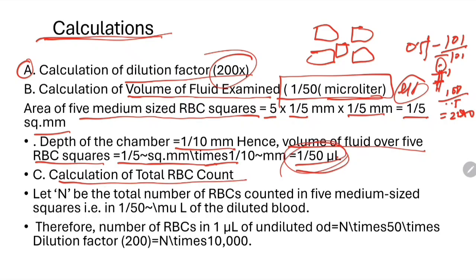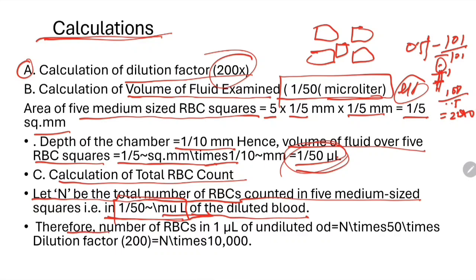C, calculation of the total RBC count. Let n be the total number of RBC. Suppose you counted all the 5 boxes and you got 500 cells. You counted 5 medium size squares in 1 by 50 microliter of blood. So whatever cells you got are in 1 by 50 microliter of diluted blood.